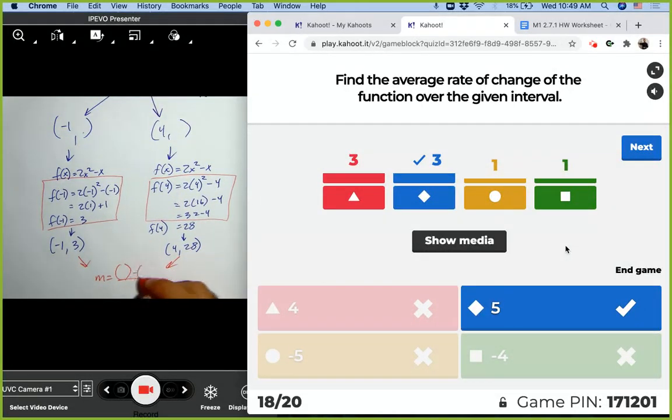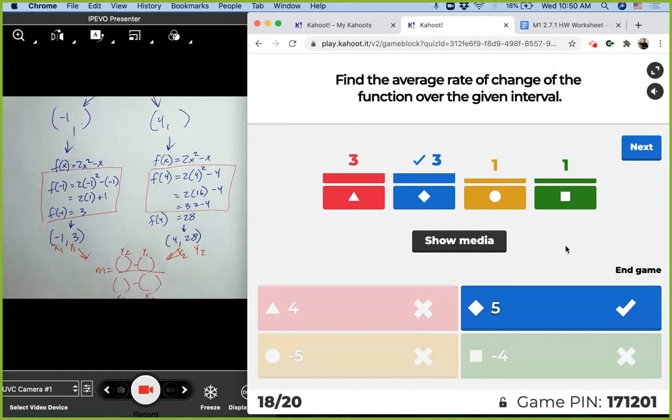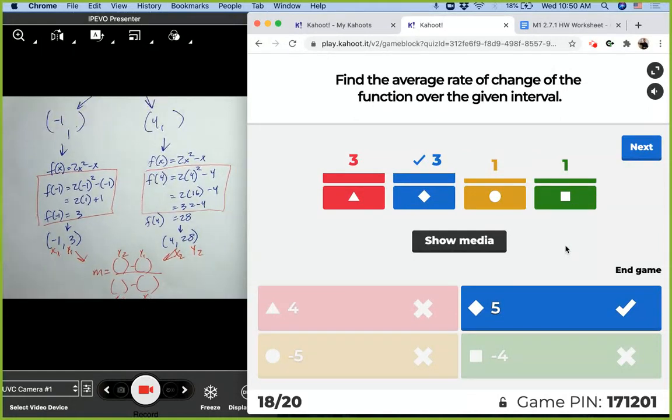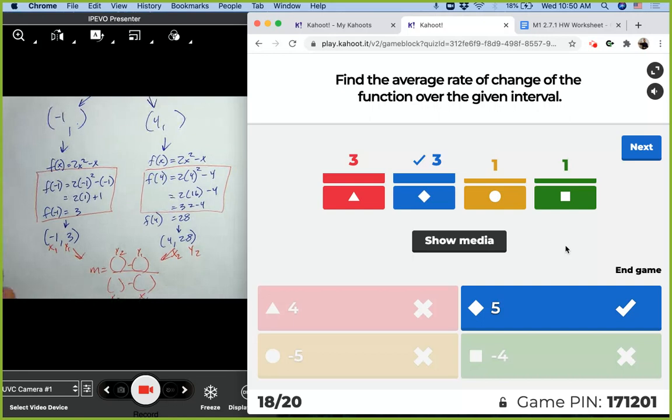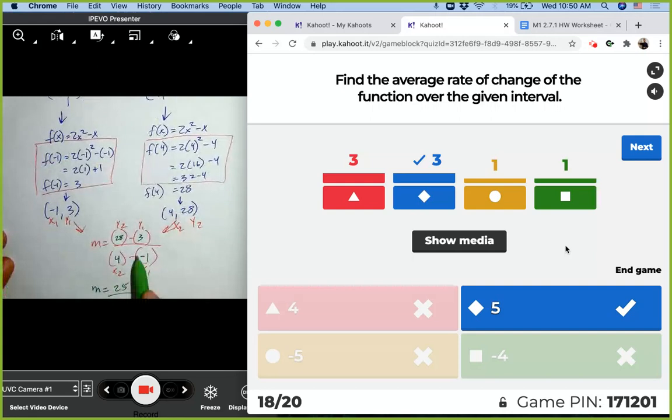Now what I need to do is plug into the slope formula, and I'm done. x1, y1, x2, y2. 28, 3, y2, y1, x2, x1. 25 over, that's going to end up being plus, over 5. So my slope, the rate of change, is 5.